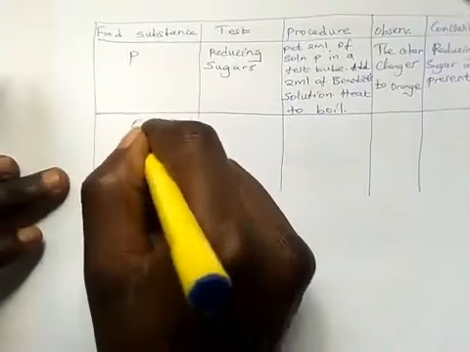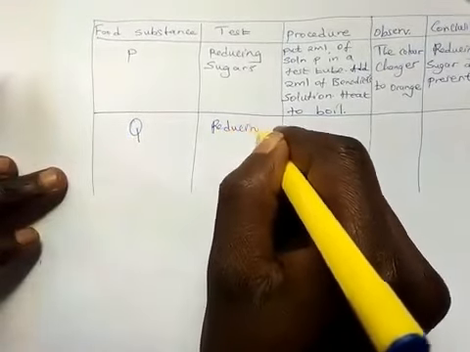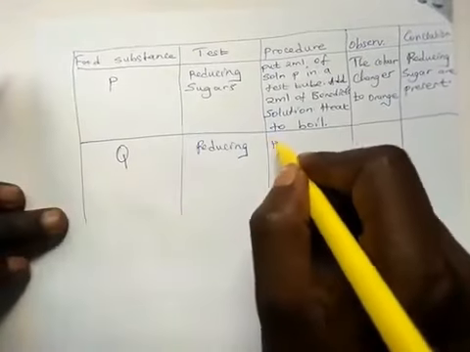Now here we are using Q. We test also for the reducing sugar. Then we repeat our procedure.